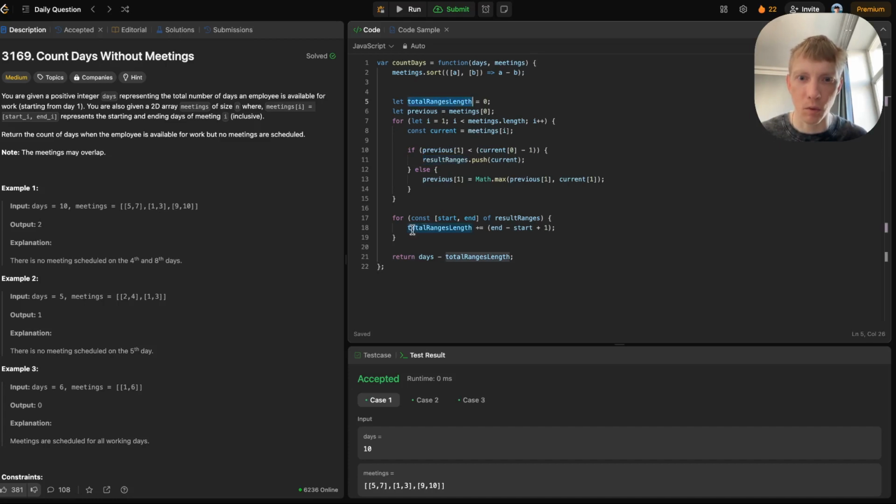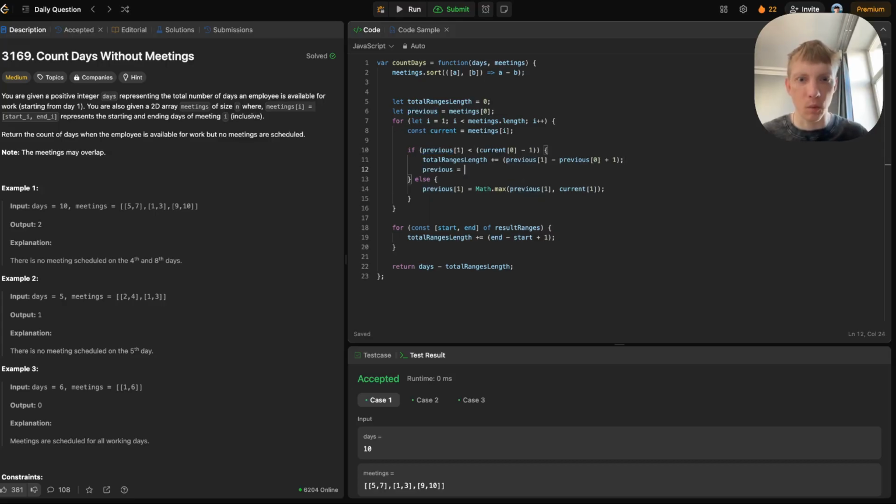We should push total ranges length plus previous 1 minus previous 0 plus 1, and previous would be equal to current.